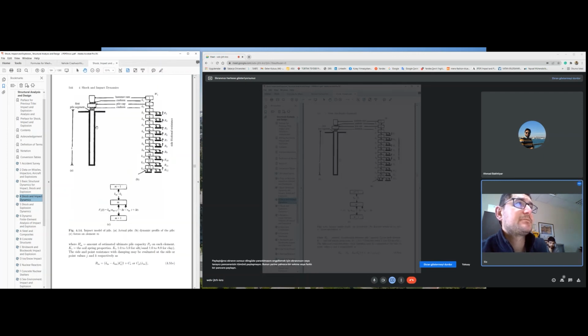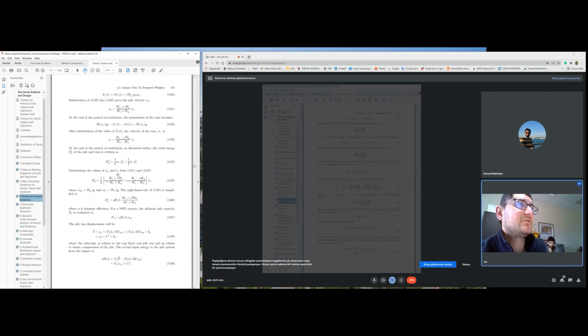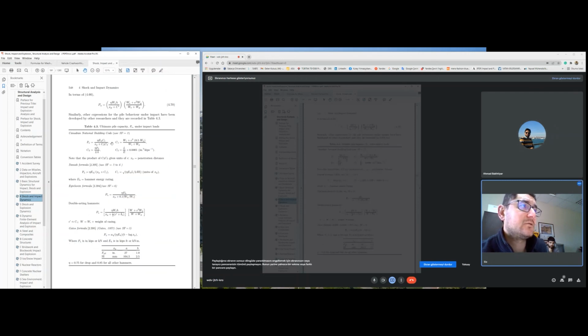The equations. Yes, this pile you can drive into the soil, but the basic manner can describe our issue. Classical or rational pile formula. Of course, it's going into the soil or concrete, whatever it is.